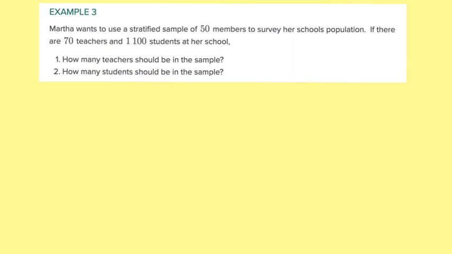Well, the first thing we need to do is find the total population. Well, the total population is equal to 1,100 students plus 70 teachers, which is 1,170. So, 1.